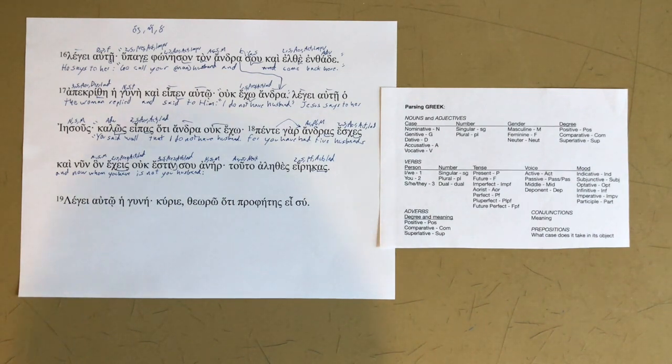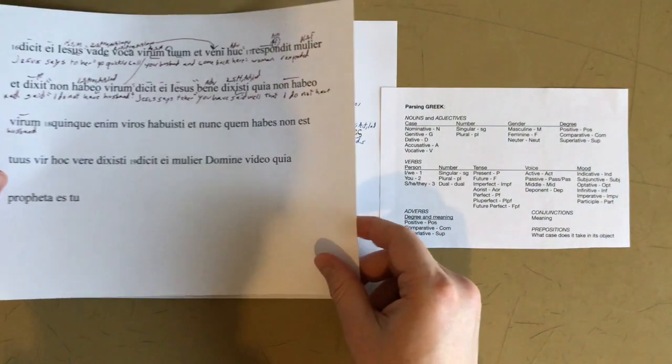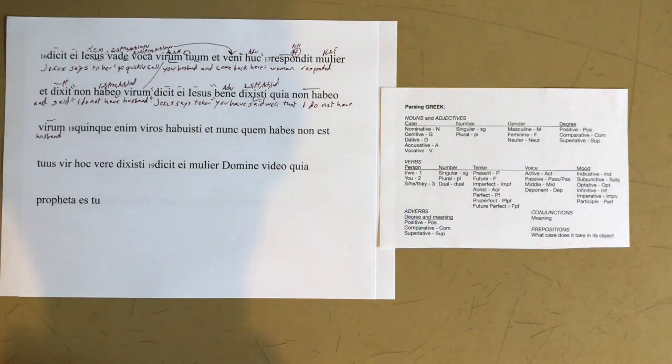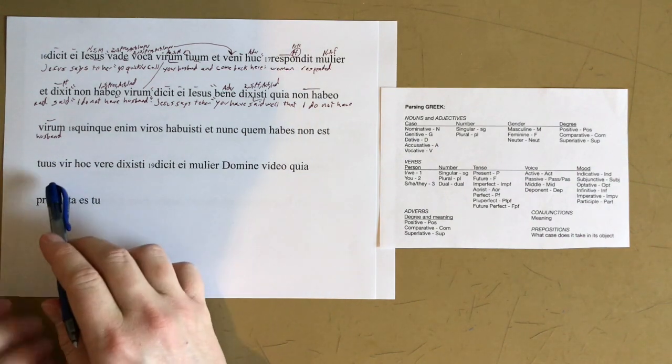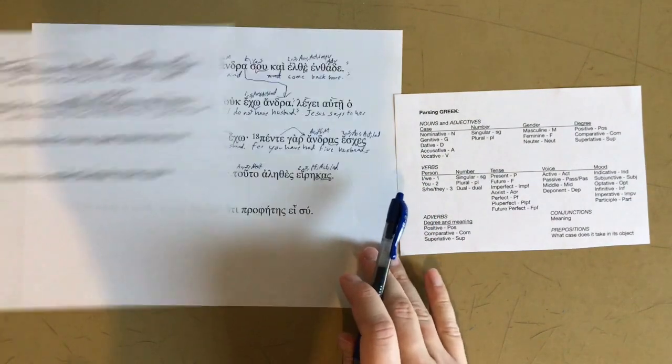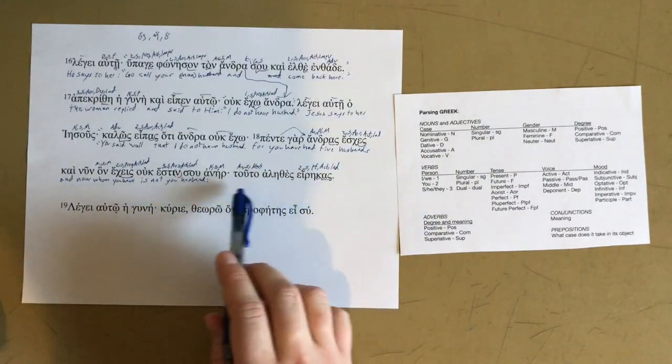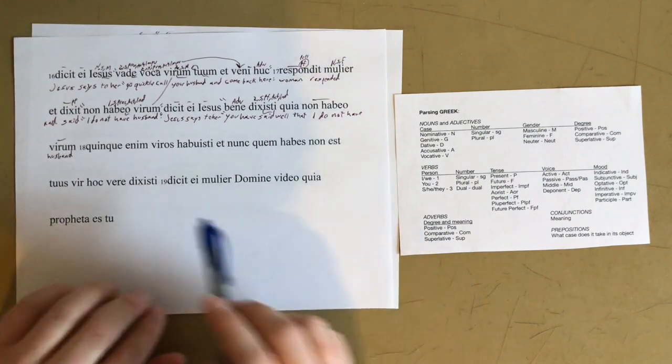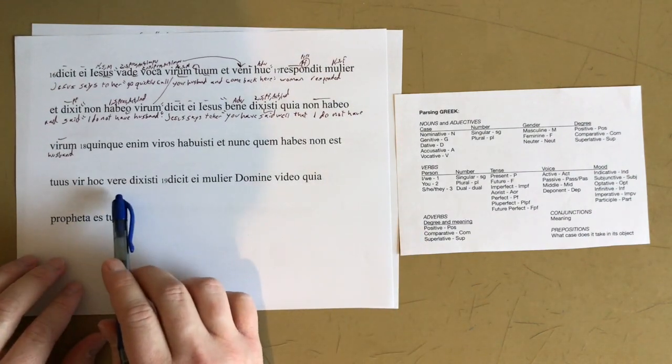So what I'm going to do here is this time I'm going to turn to Jerome and ask Jerome, well, what did you take this as? So I haven't done at least the Latin yet. So as we take a look at this, quick scanning, where are we? Okay, here we go. Tuus vir, because it's at the very end of verse 18. So very end of verse 18, we have vere.